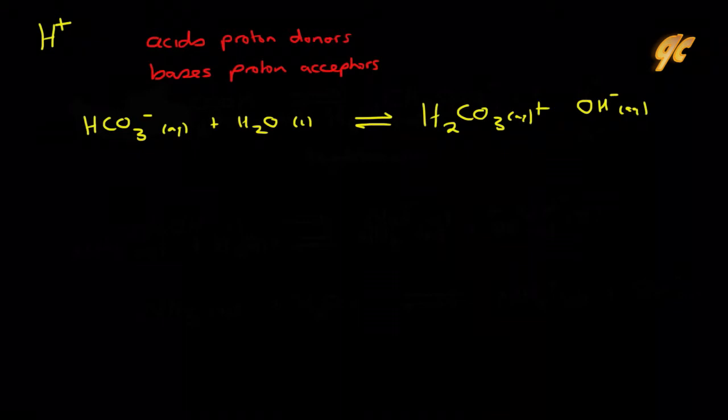From this we can determine, as the hydrogen carbonate gains the proton, it is our base. As the water loses the proton and donates it to the hydrogen carbonate ion, it is our acid.